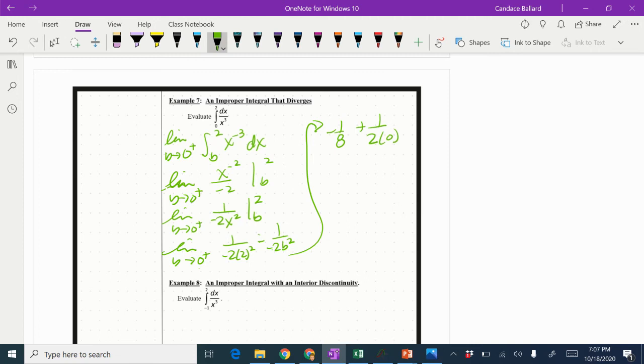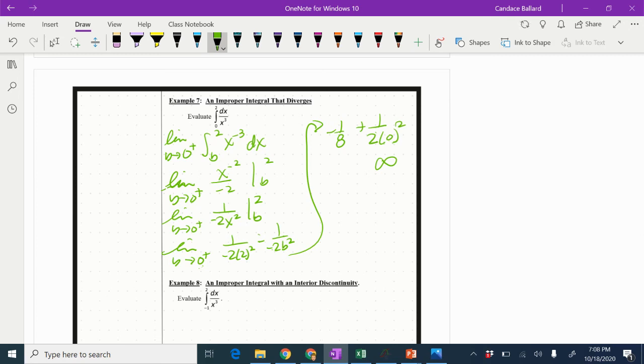The problem is that this right here, we can't do that, right? We can't have 0 in the denominator, so we really need to know what's going on as we approach 0 from the right side. As I'm getting closer and closer to that value, 0, I actually end up getting a really giant number. It ends up getting to infinity.